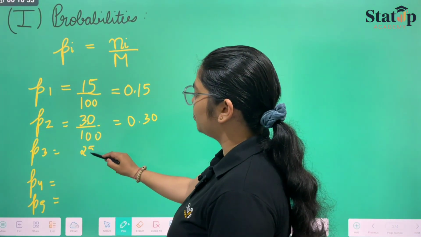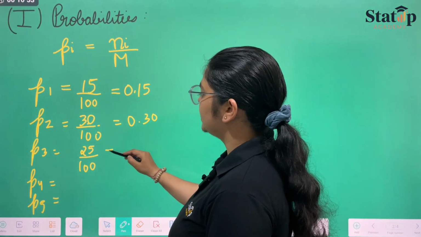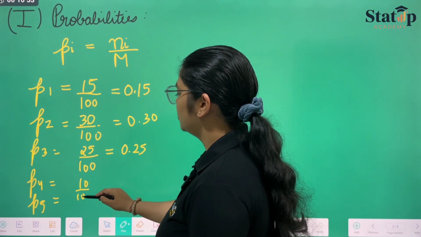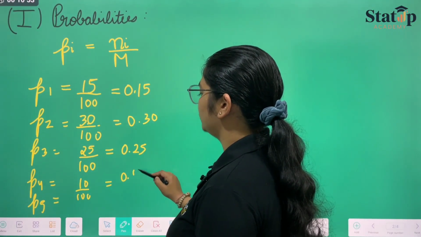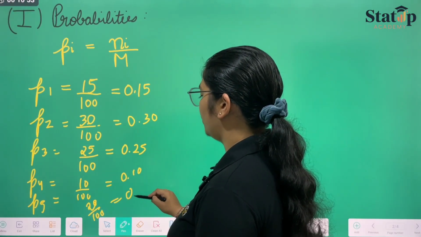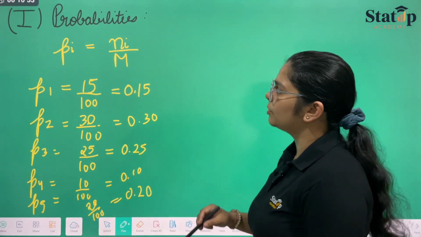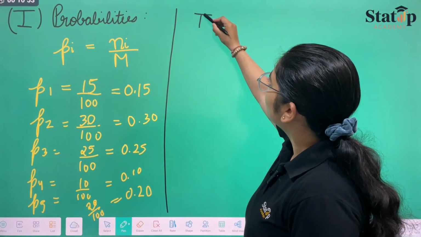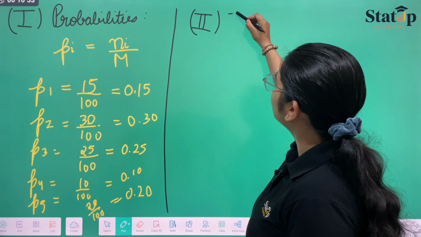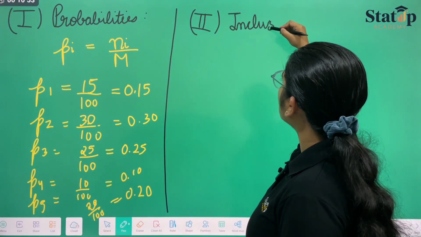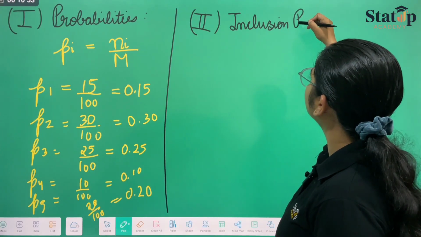So 25 upon 100 is equal to 0.25, 10 upon 100 is equal to 0.10, and 20 upon 100 will be equal to 0.20. Now we have got the probabilities here. The second step will be calculating inclusion probabilities.